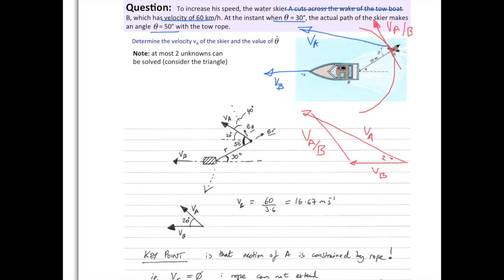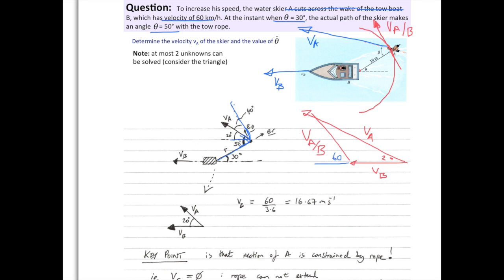We need at least one more angle, of course. And we know that the easiest angle to find is this one, because this is 90 degrees because it's perpendicular, and since we know that this is 50, we can work out that this is 40, and so 40 plus the 20 that we had before is 60, so we know that this is 60.